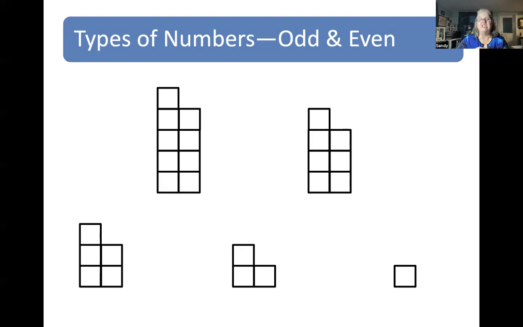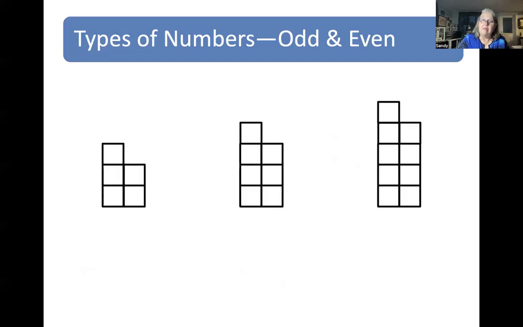So each of these can be expressed as a double plus 1 or a double minus 1. And as they move up through the grades, they need to understand that all odd numbers could be represented as 2n plus 1 or 2n minus 1.